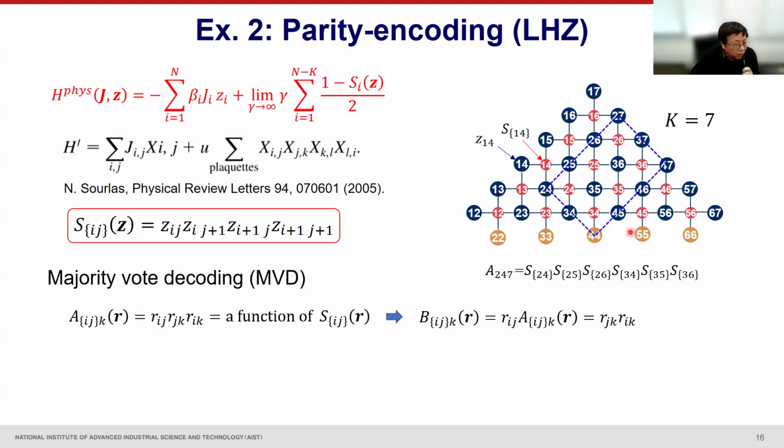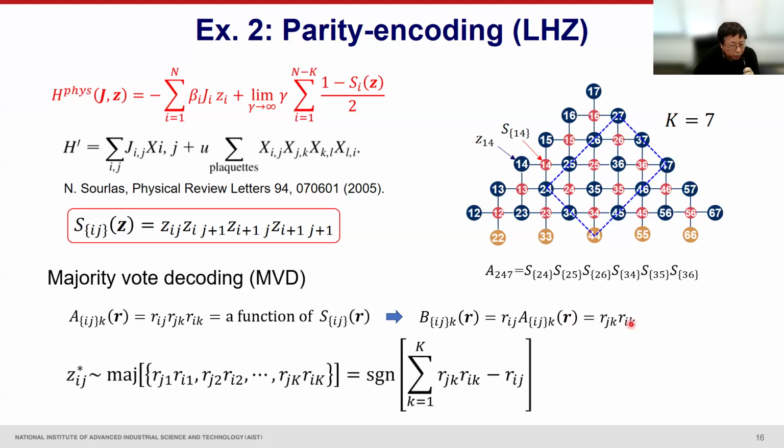Okay. From this, the associated modified pattern B should be like this. And finally, Bayes optimal estimator for ij's physical spin variables is majority vote shown like this. And using this majority voting, we can achieve the fair voting.